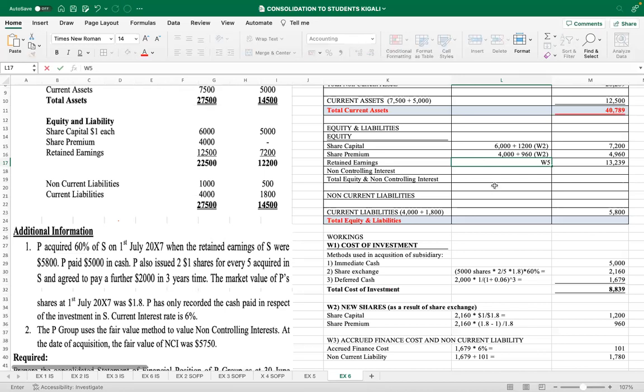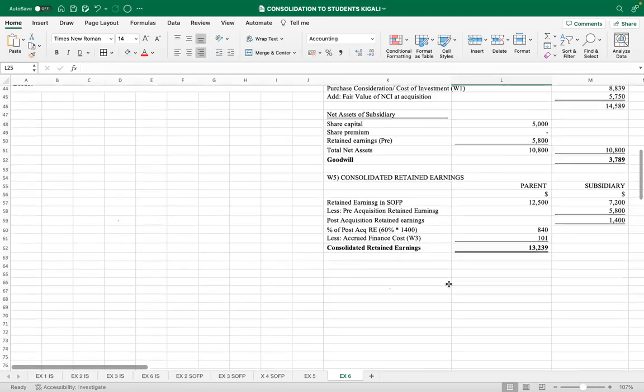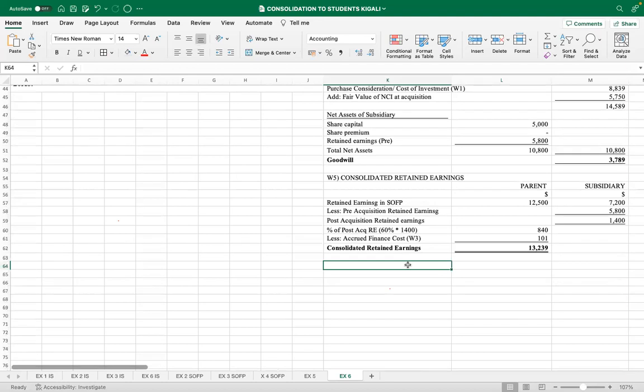Working 5. Now, lastly, we have working 6, which is NCI. Remember, NCI is calculated when we acquire less than 100% of the subsidiary. So working 6, which is our last working for today, enables us to calculate non-controlling interest. And we will use the fair value method.